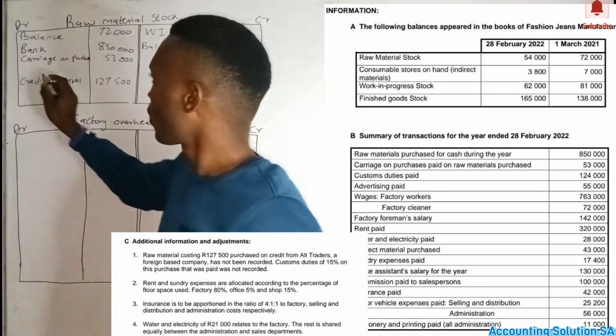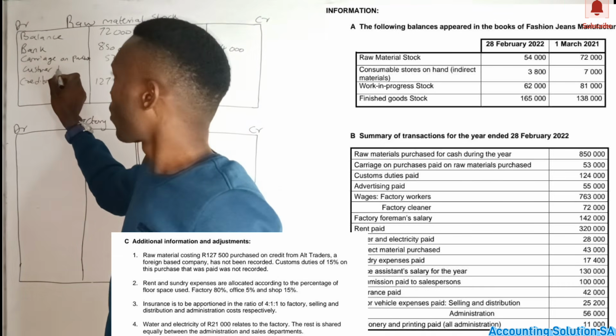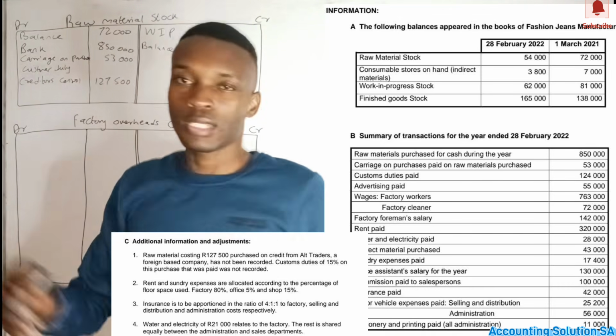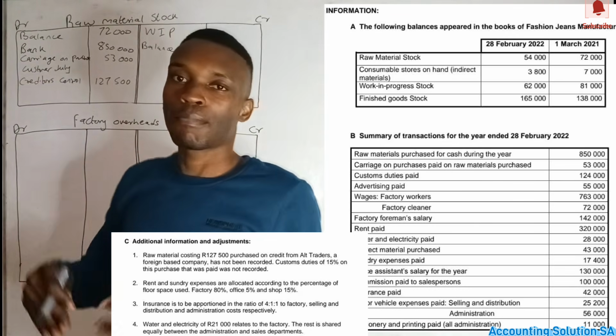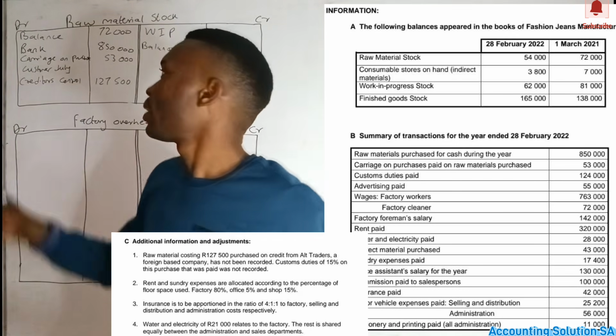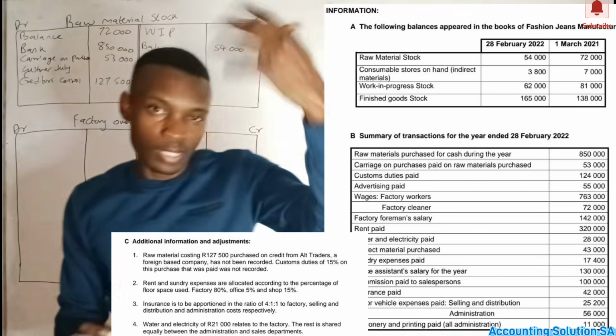Remember, we also have customer duties, guys. The reason why I skip customer duty is because we can't write two customer duties separately. We have to add them together. So in this case we have to open a bracket and take the first one.